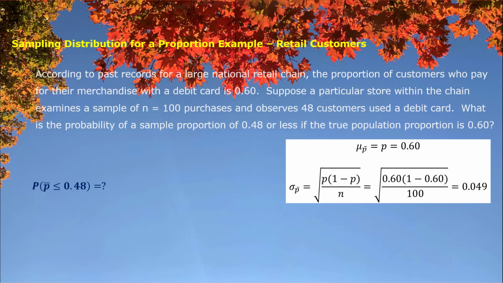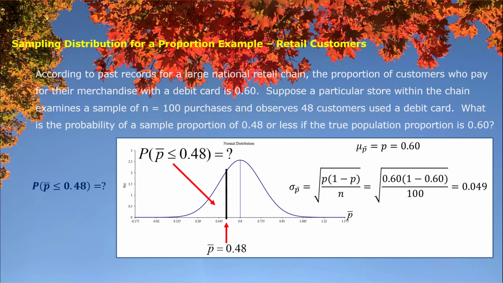What we're looking for is, for all the possible samples, how much chance the sample proportion is equal to or smaller than 48%. With the normal distribution in mind, we can apply that directly.